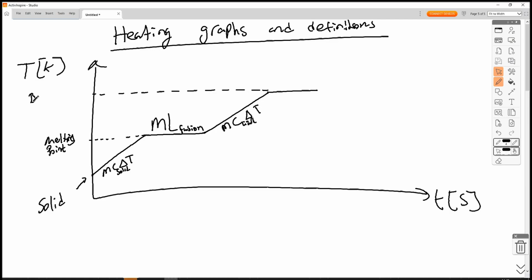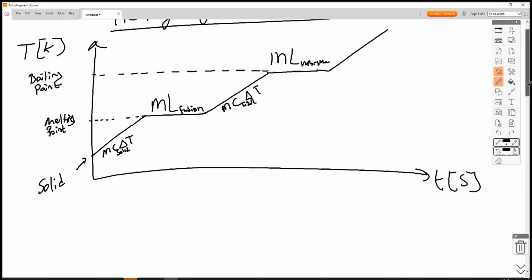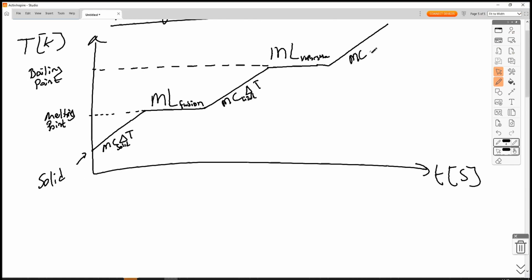This is the boiling point. And here you got ml vaporization. And after a little while, once it's all evaporated and turned to gas, then can the temperature continue to rise. And then we've got MC delta T again here. But this time it's MC gas delta T.